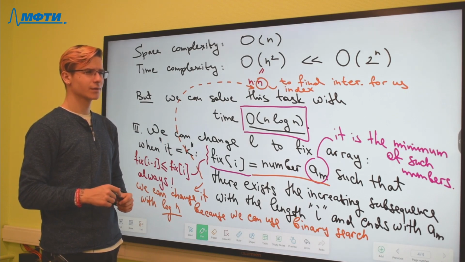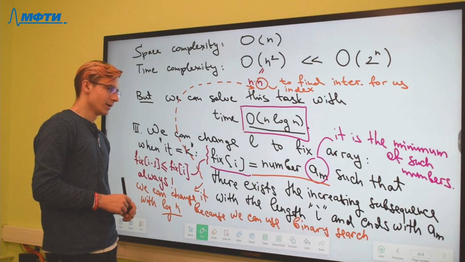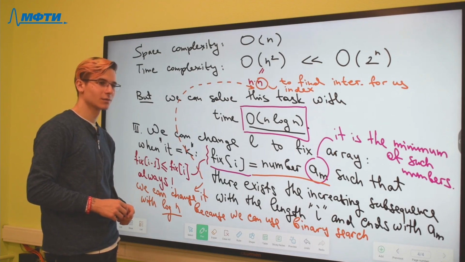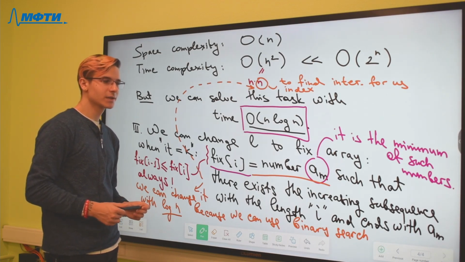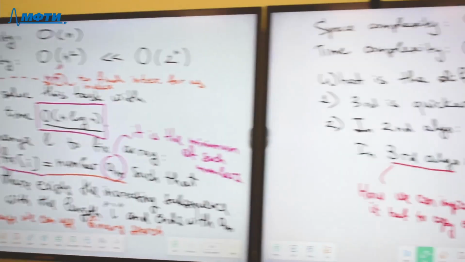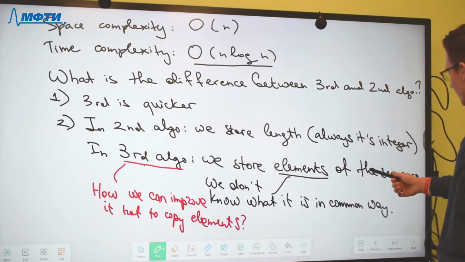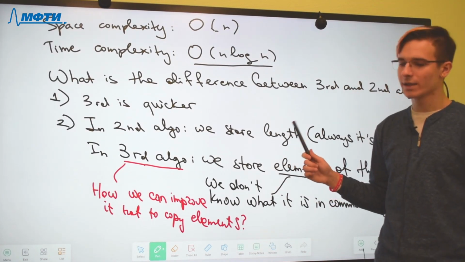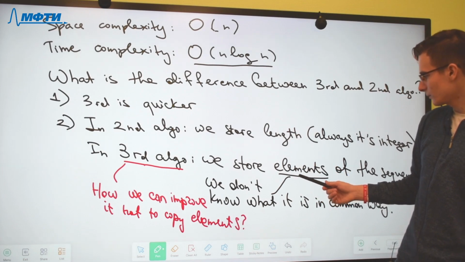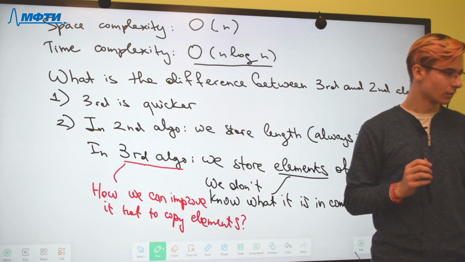Guys in the Zoom translation, do you understand the last discussion? Yes. Do you understand why we need to understand what the elements of the sequence are and why time complexity depends on it? Time complexity depends on the elements.